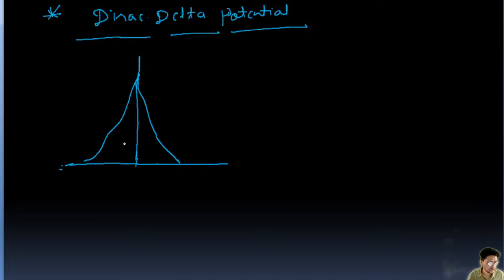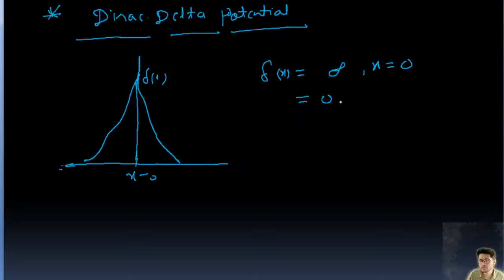It's at x equal to 0, this is delta x. This is the Dirac delta, right? The Dirac delta value is infinite at x equal to 0, and 0 otherwise, 0 elsewhere. This is the Dirac delta function.